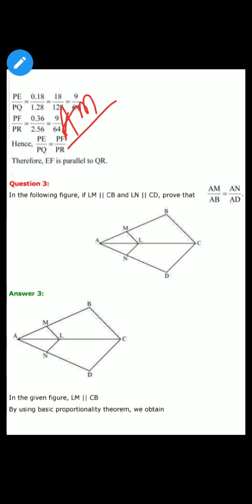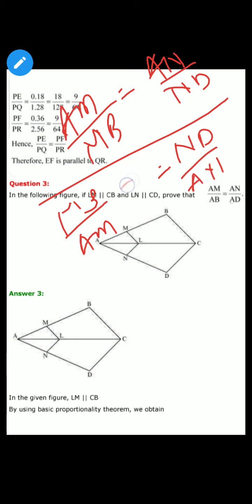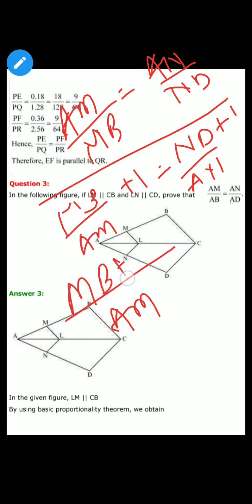Actually what was written there? AM upon MB is equal to AN upon ND. Now when you write down here reciprocating both sides, you will get MB upon AM is equal to ND upon AN. Now adding 1 to both sides, when you add 1 and take LCM, you will get MB plus AM upon AM is equal to, again, students, ND plus AN upon AN.